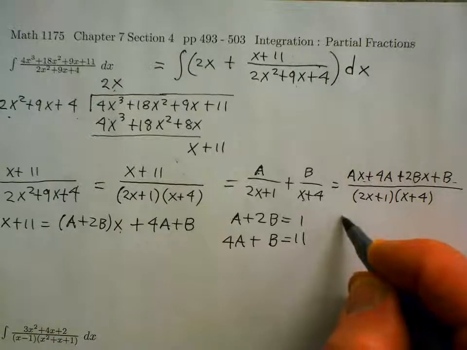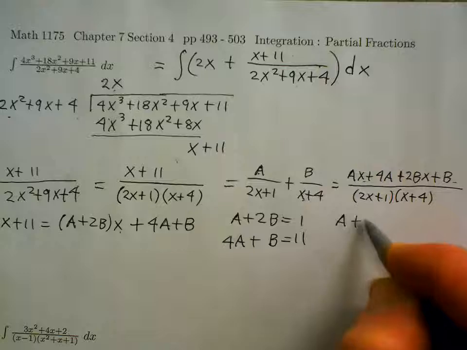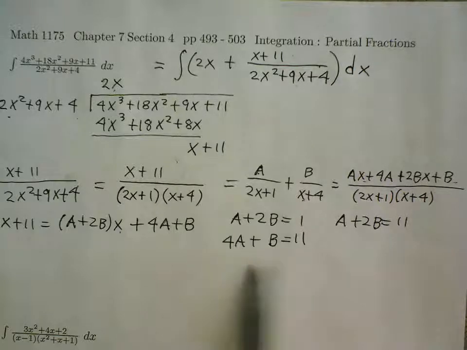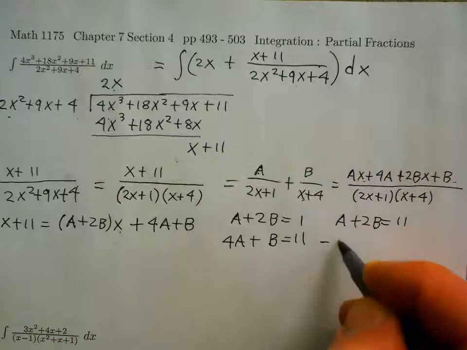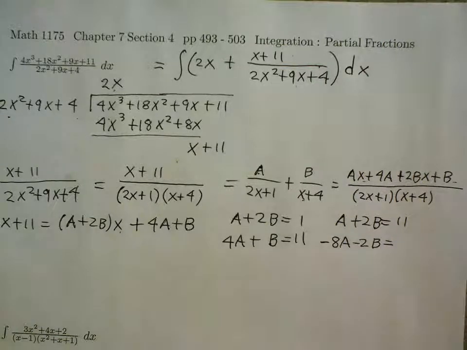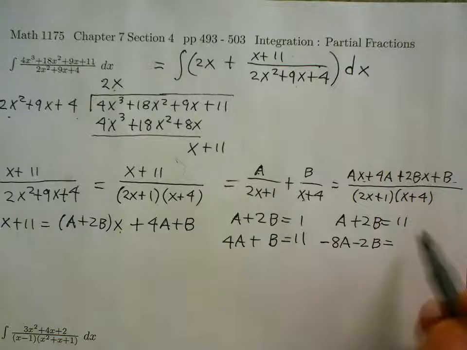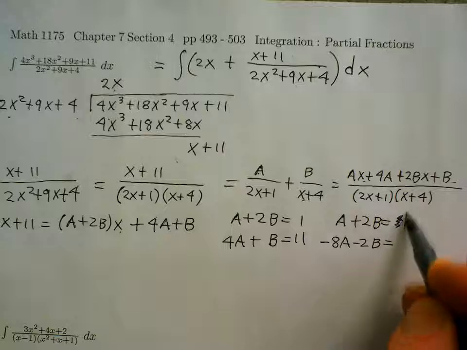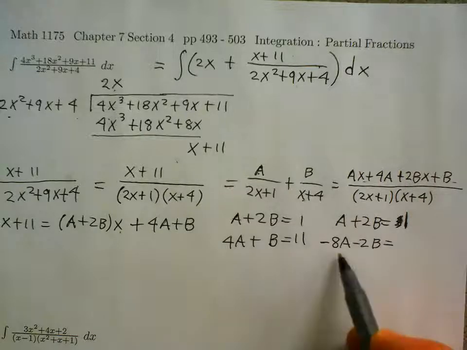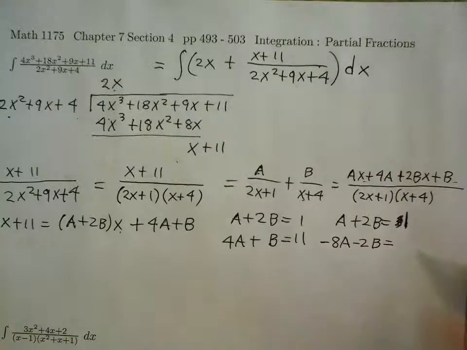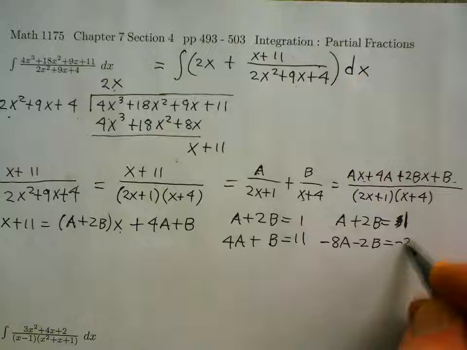I'll leave the top equation the way it is, a plus 2b equals 1. Sorry about that, I said 11 earlier; that should be 1. And then I'll multiply every term on both sides of the bottom equation by -2. So we get negative 8a minus 2b, and the right-hand side is -22.